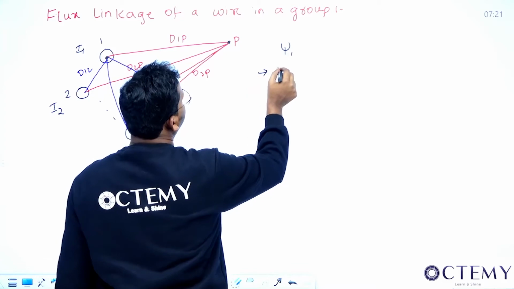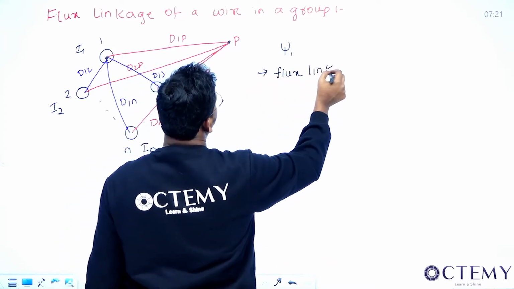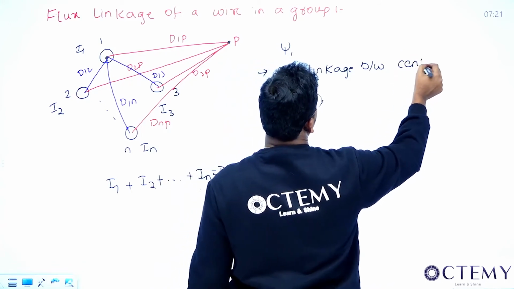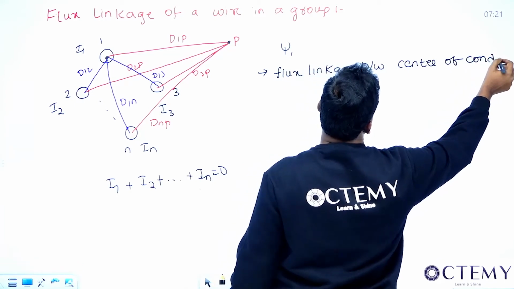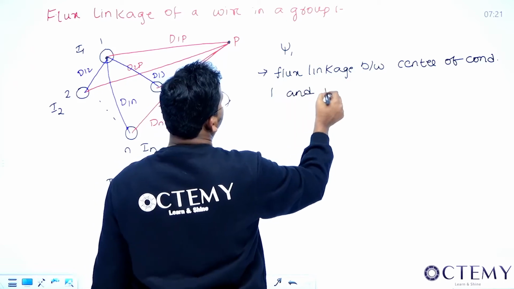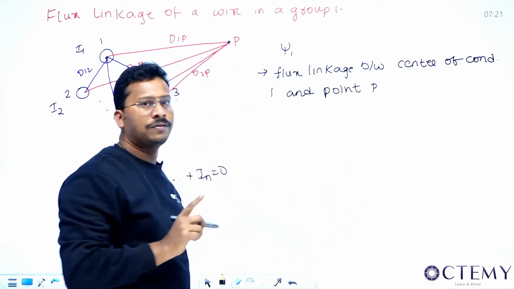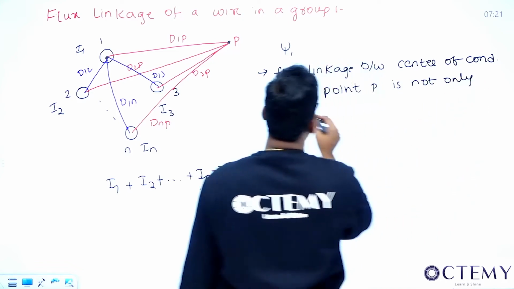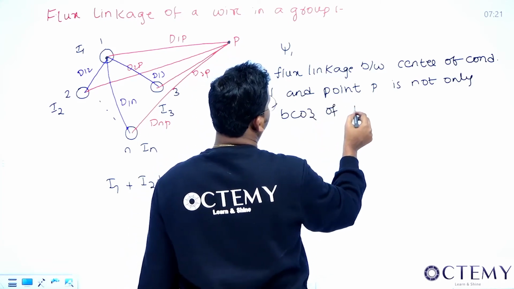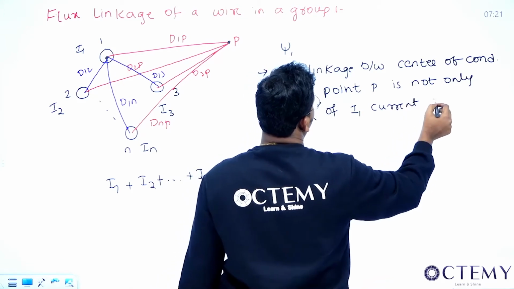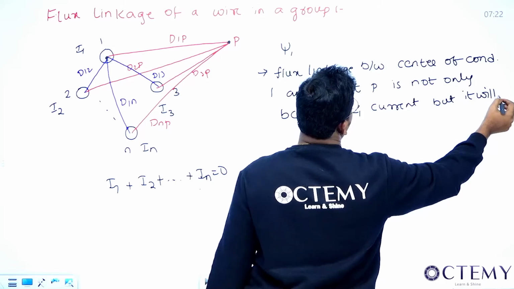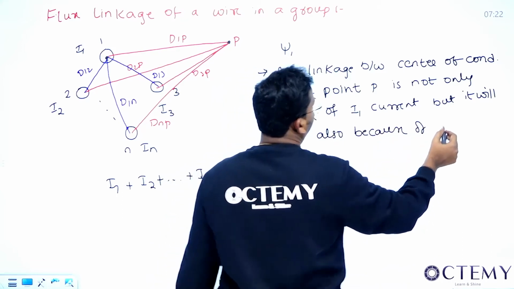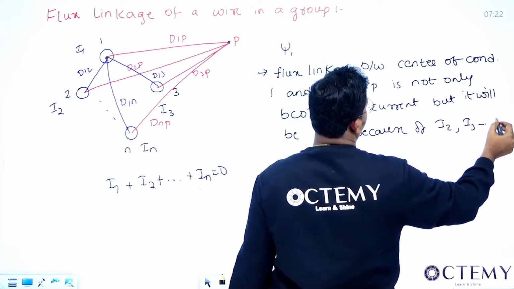The important point is that the flux linkage between the center of conductor 1 and point P is not only because of the current I1, but it will also be because of I2, I3, and then so on to IN.